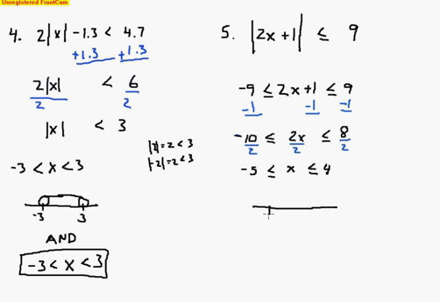So we'll stick the negative 5 off on the left-hand side, the positive 4 on the right. And this time we have filled-in circles to represent that those two values, negative 5 and 4, are solutions for x. So when we graph this, we've got the values of x that are greater than or equal to negative 5.